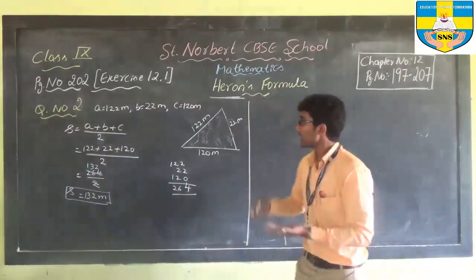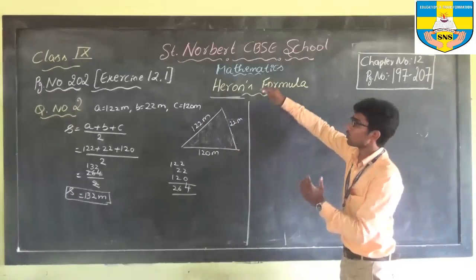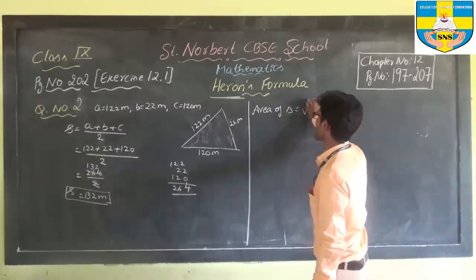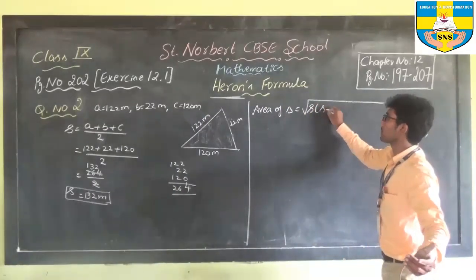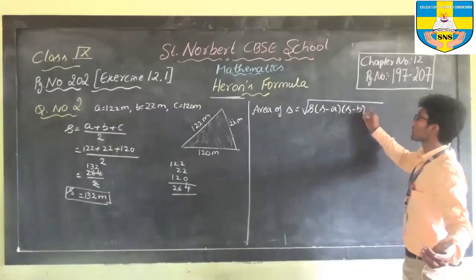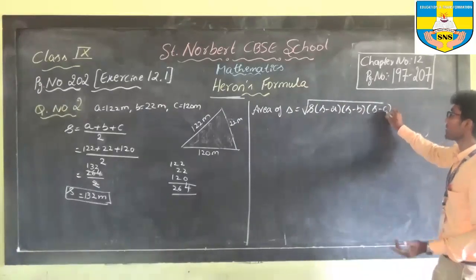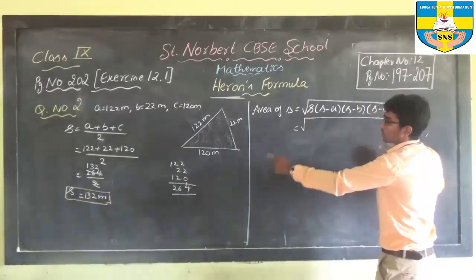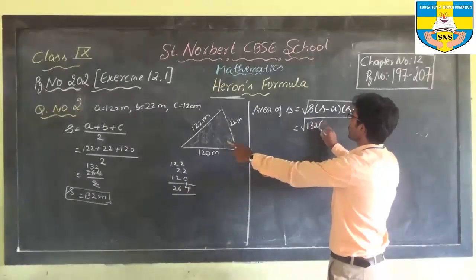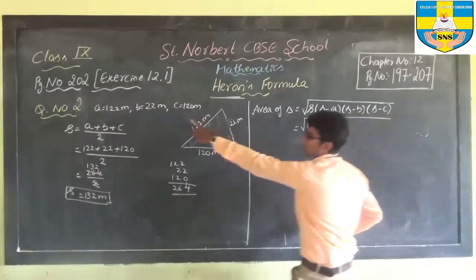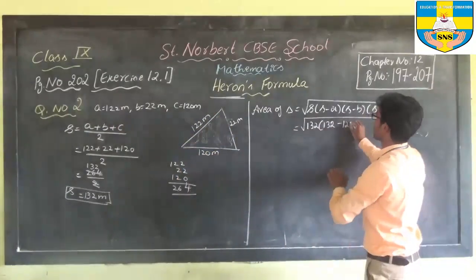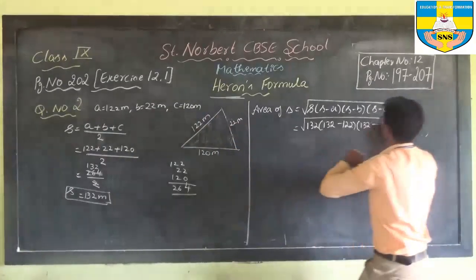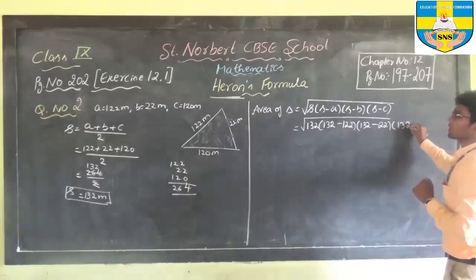Let us try to calculate the area of this triangular portion by using Heron's formula. From Heron's formula, the area of the triangle is equal to square root of s into s minus a, s minus b, s minus c. You need to practice a little bit, afterwards you will become thorough with this formula. Look at this carefully. Square root of 132 into 132 minus a, 122, then 132 minus b, which is 22, then 132 minus c, 132 minus 120.